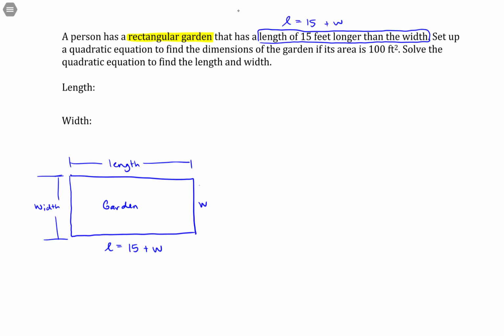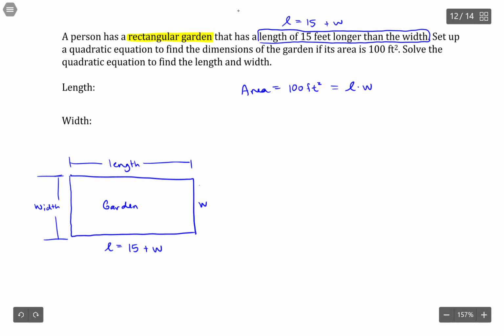Set up a quadratic equation to find the dimensions of the garden if its area is 100 square feet. All right, well, that's another piece of information that helps. So we have the area of this garden is equal to 100 square feet. Solve the quadratic equation to find the length and the width. Okay, well, another thing we know about area just from geometry is for a rectangle, it's length times width.